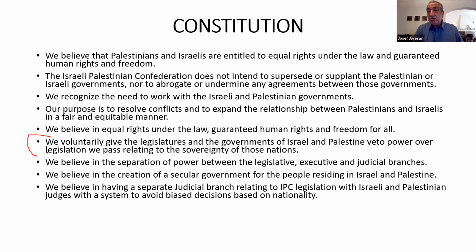So let's say in 100 years you have more Palestinians, say 200 Palestinians and 100 Israelis. It really makes no difference, because you will need 55% of the 200 and 55% of the 100 to pass legislation. Any other questions? Yes.